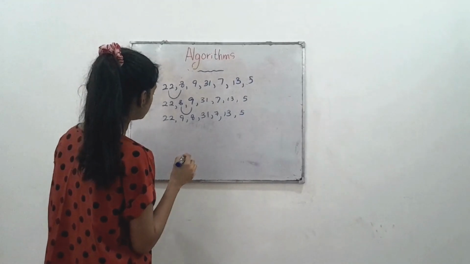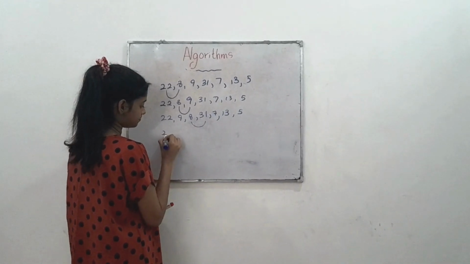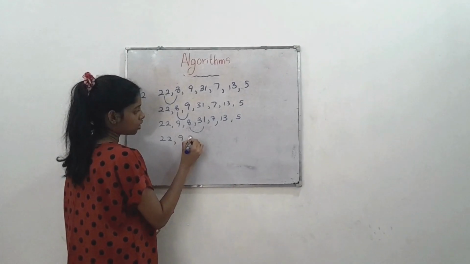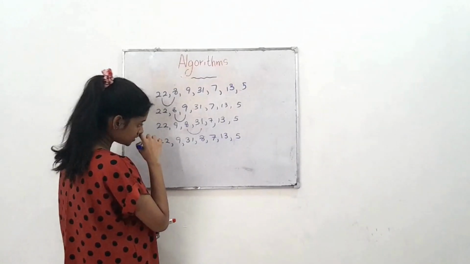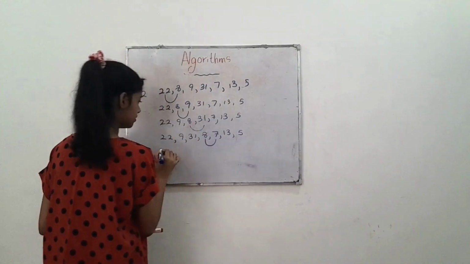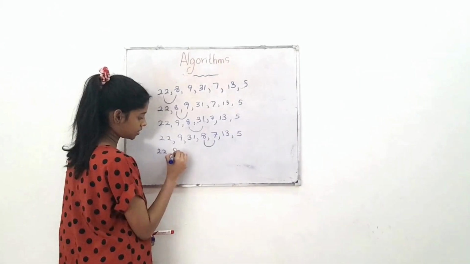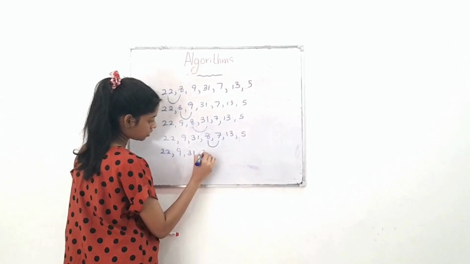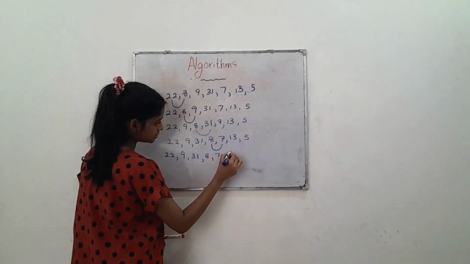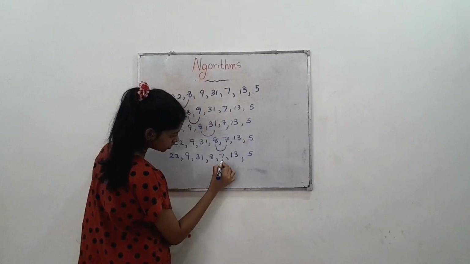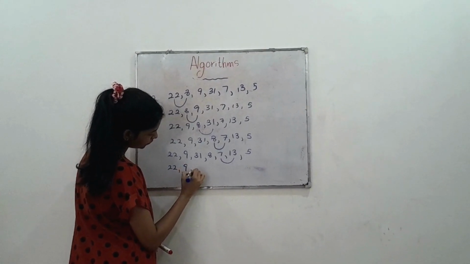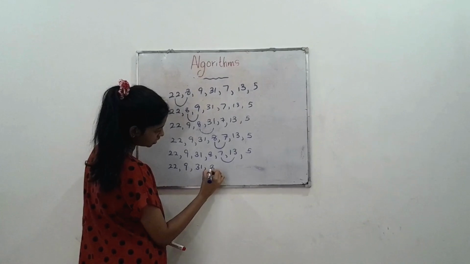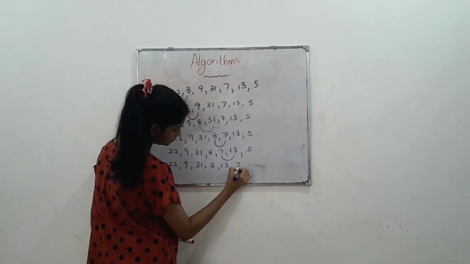Okay, let's recheck this. Obviously 31 is larger than 8. Next we check these together. No change because 8 is larger than 7. Next you have to compare this. You have to swap it because 13 is larger than 7.